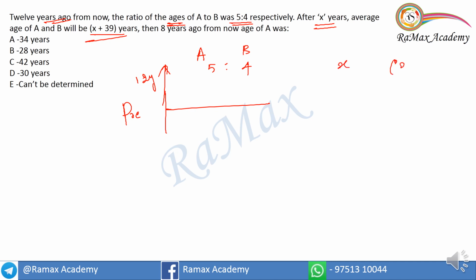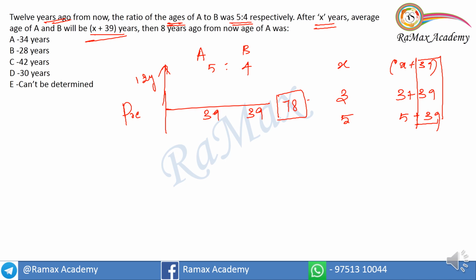For example, when the value of X is 3, the average will be 3 plus 39. When the value of X is 5, the average will be 5 plus 39, which means the present average is 39. When the present average is 39, the total ages of two people will be 78.